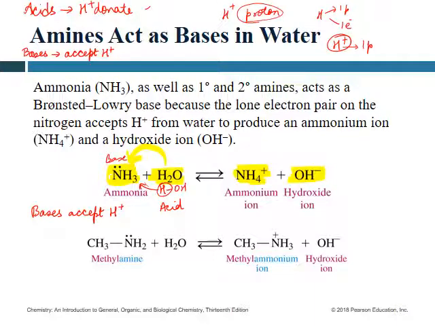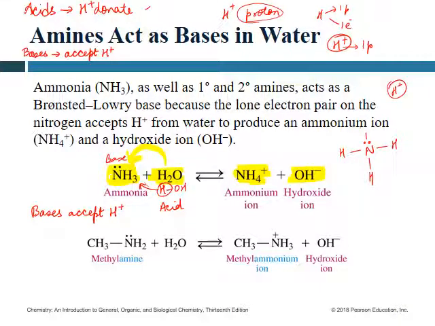Okay, what would they form? Ammonia has three hydrogens bonded to it and one lone pair. So when another proton comes in, what does it do? It bonds with this lone pair, because this proton has no electrons, right? So it cannot share electrons.